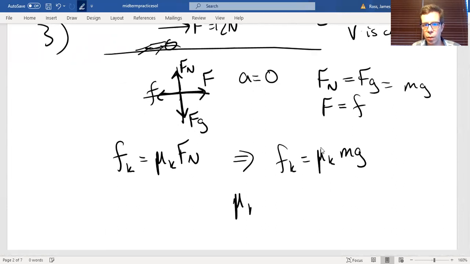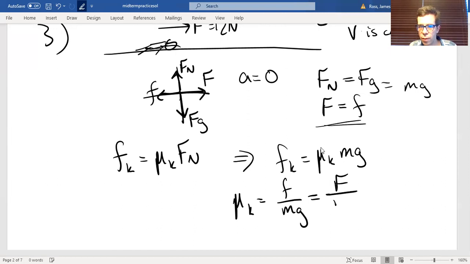So mu has to be equal to the frictional force divided by the normal force. And the frictional force we know is 12 newtons, right? Because it's equal to the applied force. So I guess I should make that substitution.